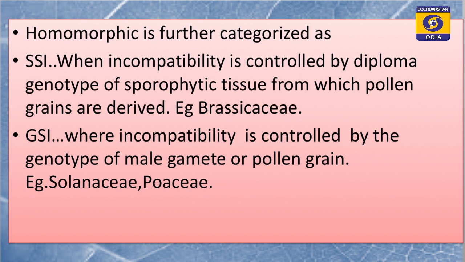When the incompatibility is controlled by the diploid genotype of sporophytic tissue from which pollen grains are derived, then that is called sporophytic self incompatibility. When the incompatibility is controlled by the genotype of male gametes or pollen grains, that is haploid condition, then this is called gametophytic self incompatibility, which is seen in case of Solanaceae and Poaceae.